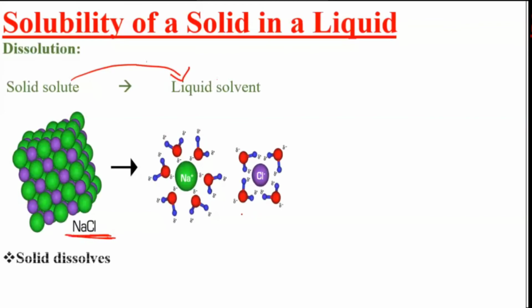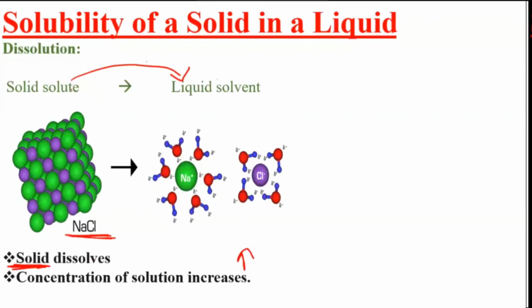When the solute gets dissolved, the concentration of that solute in that particular solution will start increasing. That process itself is called dissolution. It's a simple thing. You have a solute, you are adding it to a solvent, and they get dissolved there. That process is called dissolution.